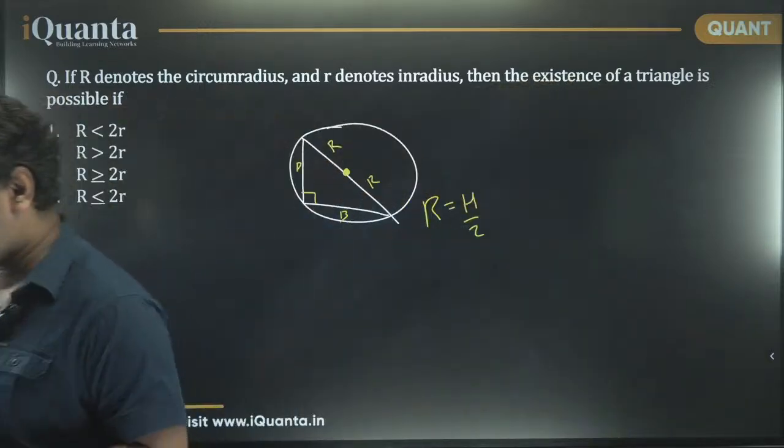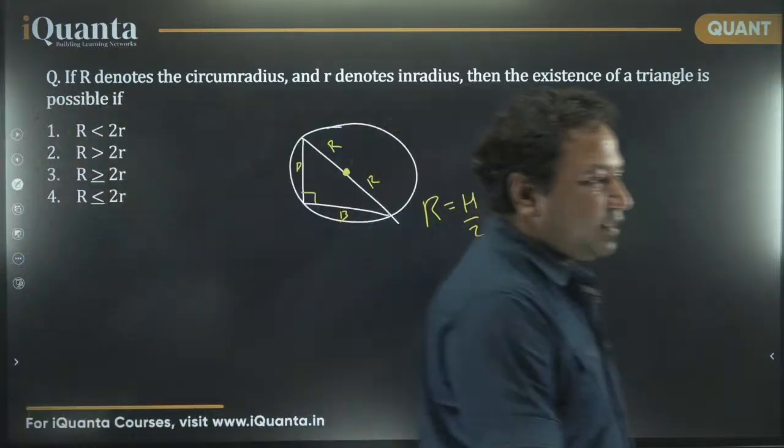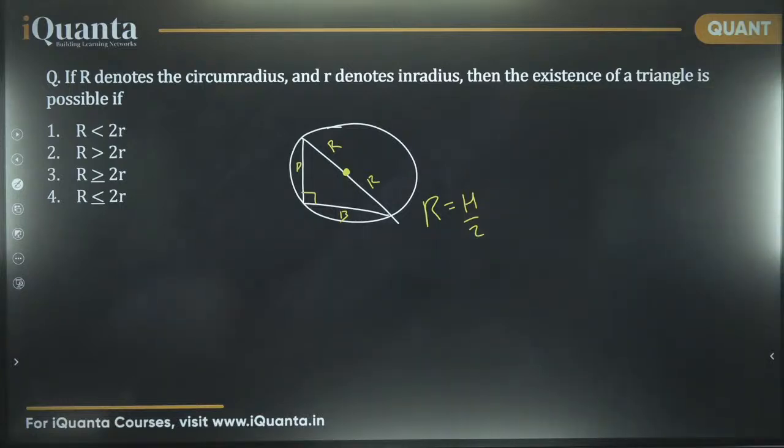Is that fine? That makes sense to all of you? I'll wait for a few seconds, you note it down. Of course, we discuss this in the classes, but still I want you to note this down, and for the people who are not my students, it's very necessary to note these things down.